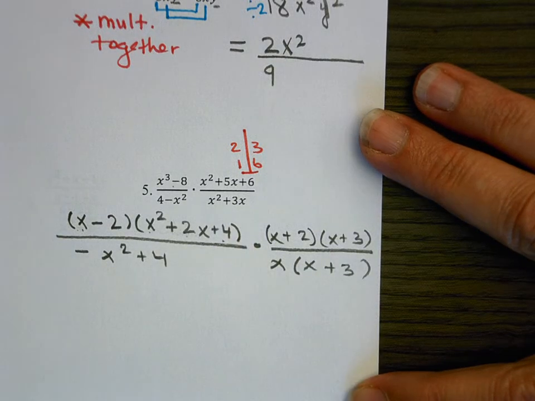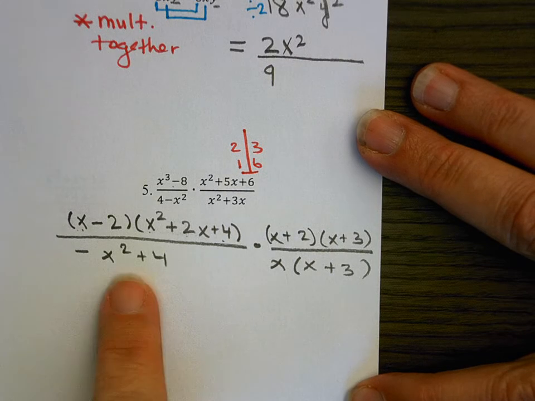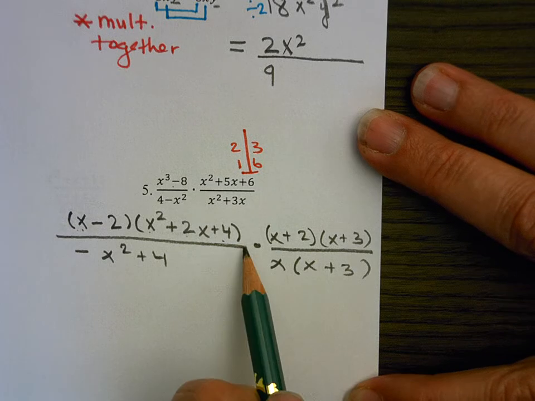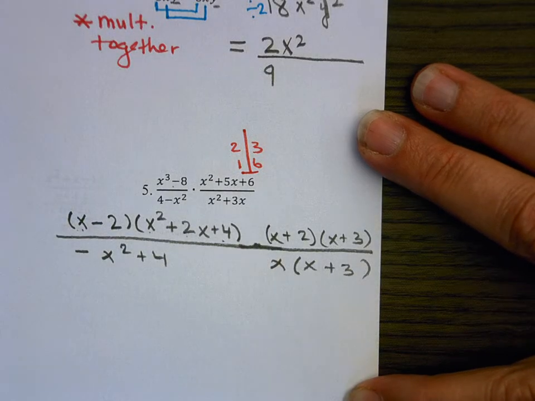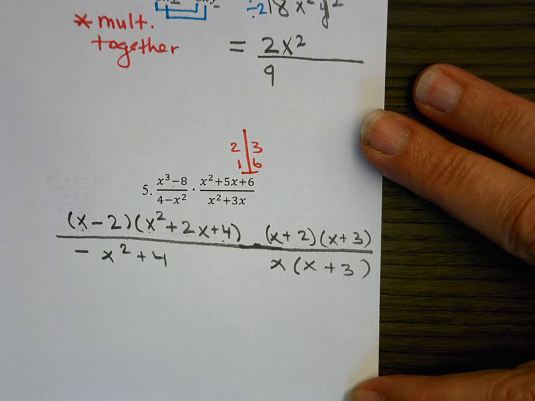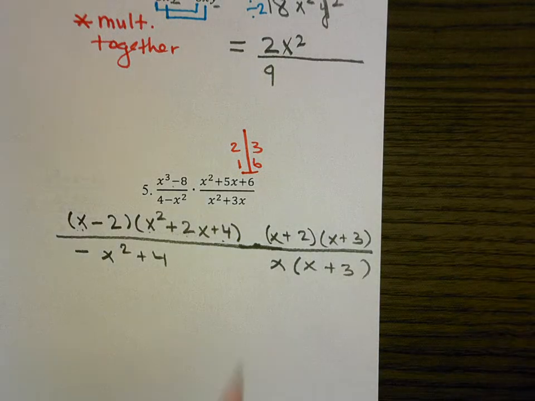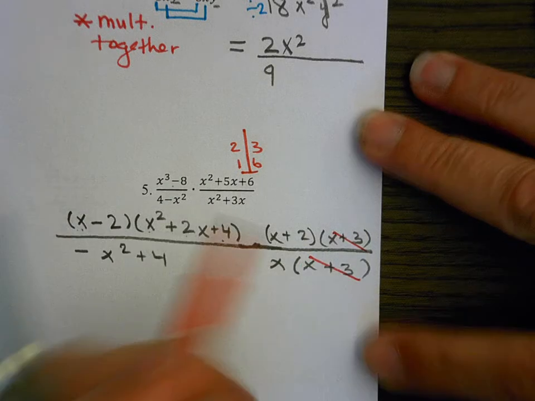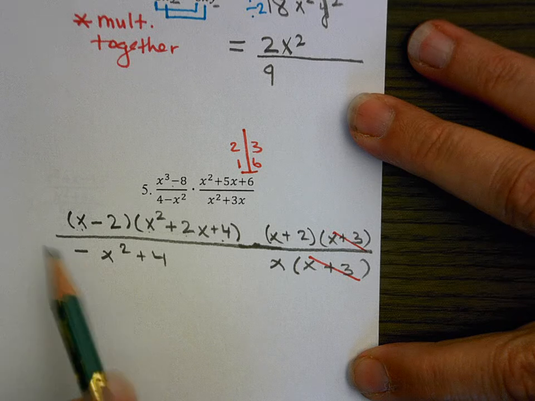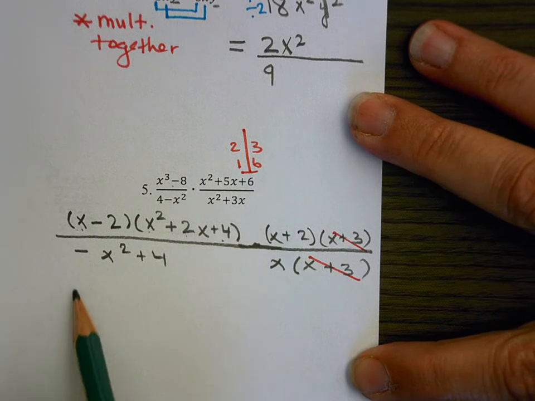Okay. So I'm not done factoring, right? Because I can certainly factor this, and I can keep going. But I'm going to treat this now as one fraction, right? So just to save a little bit of rewrite, I know I can certainly cancel the x plus 3, so I'm going to go ahead and do that. And then I'm going to keep factoring on this, though, right? So I can take a negative out of there. So let me rewrite the top.